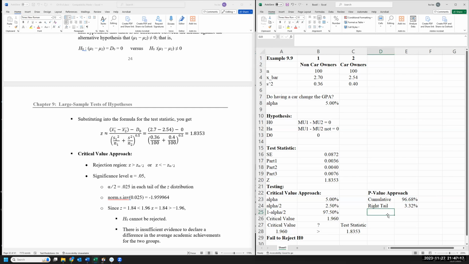But we have to double this to calculate the p-value. The p-value is this times 2, because this is a two-tailed test. And then we do a comparison of p-value, question mark, and alpha.